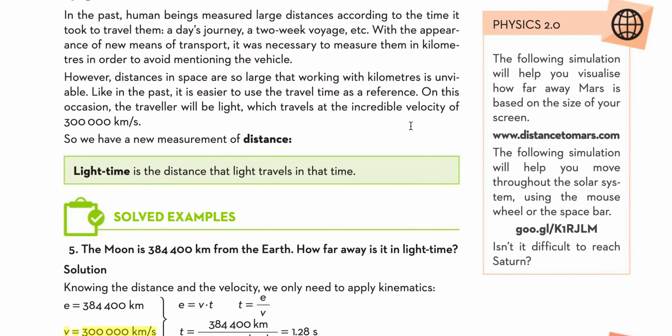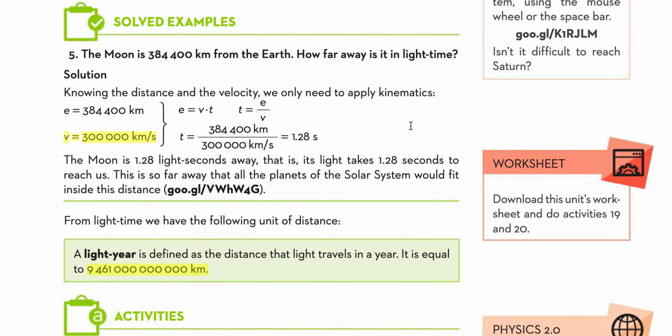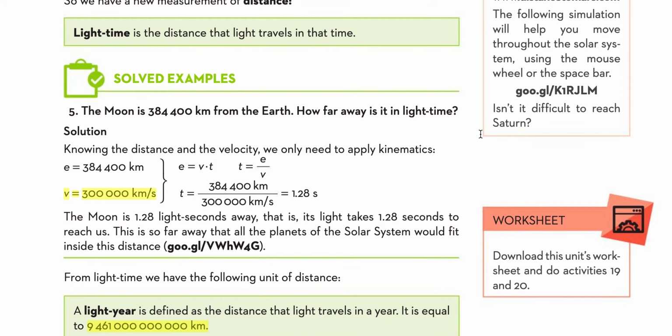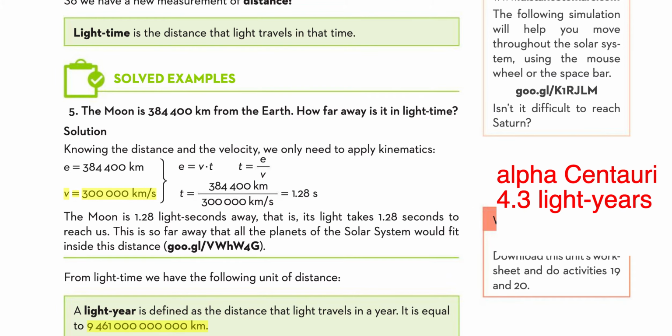For example, the closest star to us is called Proxima Centauri, Alpha Centauri. And this is about 4.3 light years from us.